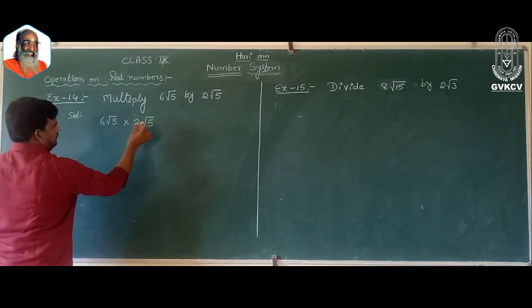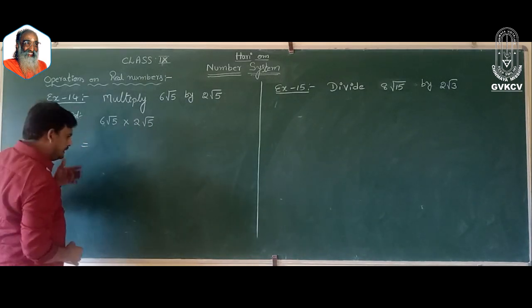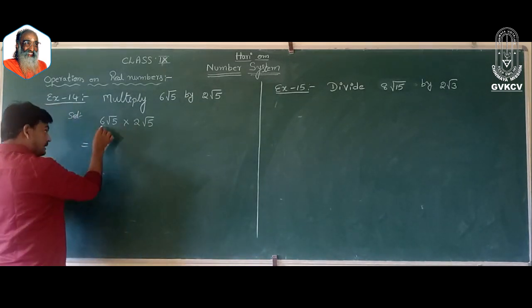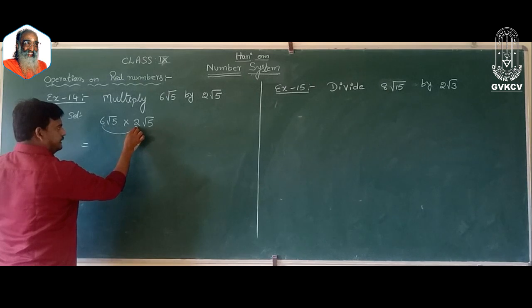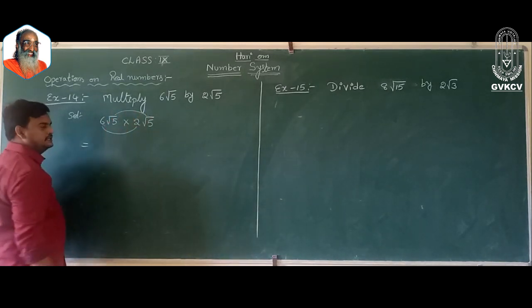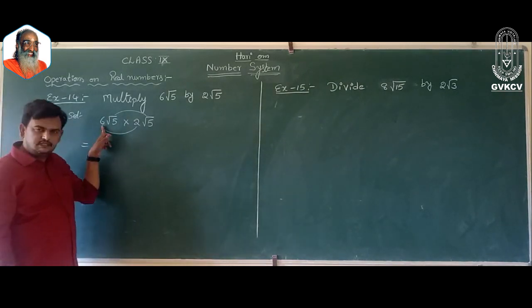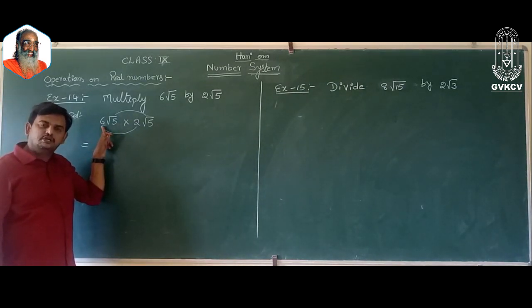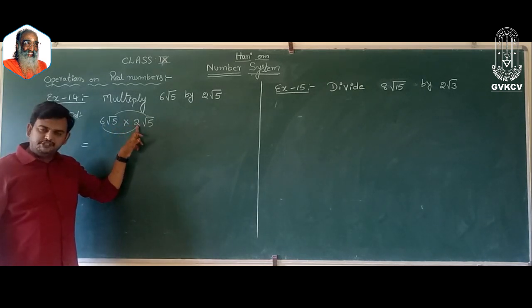6 root 5 into 2 root 5. While multiplying, we should multiply the rational numbers and we should multiply the irrational numbers. Here 6 is a coefficient and also a rational number. 2 is a coefficient and also a rational number.